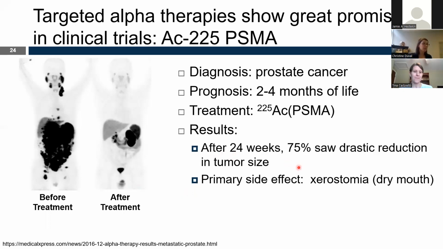So after 24 weeks, the majority of the patients who participated in this trial saw a drastic reduction in tumor size. And the primary side effect here, right, instead of very intensive radiation sickness or some of the other side effects that we see with chemotherapy treatments, was a very aggressive case of dry mouth. So it's not your normal dry mouth, but it is, I would say, one of the milder side effects that you can have from a cancer treatment.